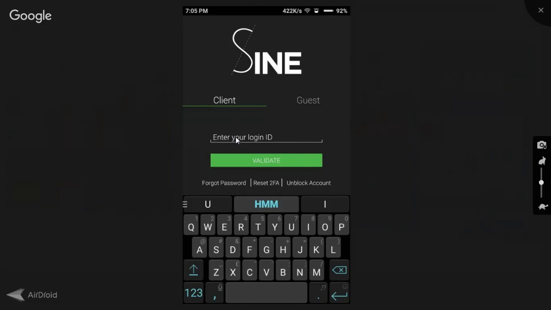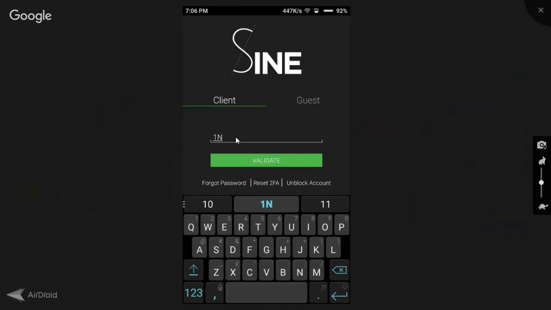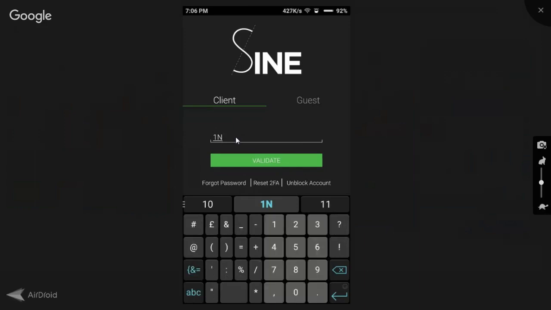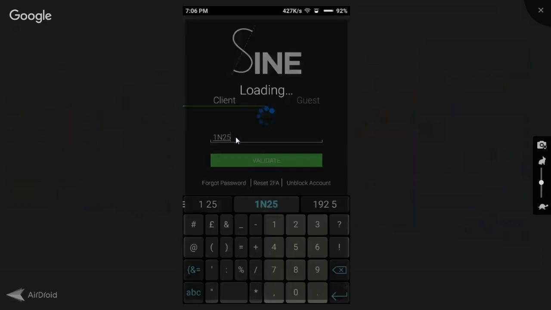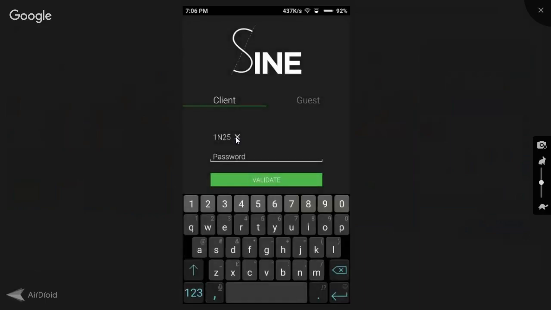So let's go ahead with a small login and I'll explain to you in a very quick manner how to go about the whole procedure. So first I enter my client code. It is either a 6-digit or 7-digit number, which includes alphabets as well. So now we'll be putting the password.